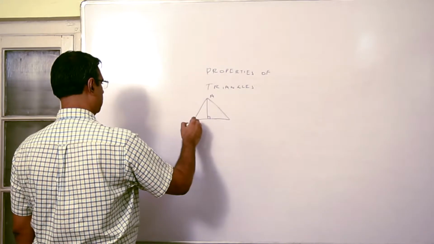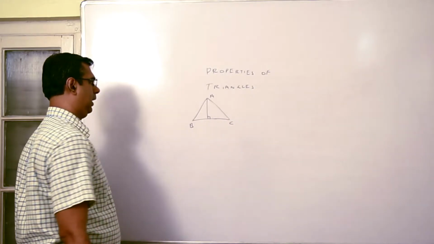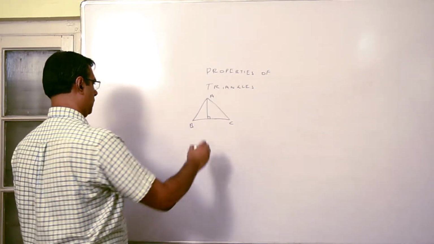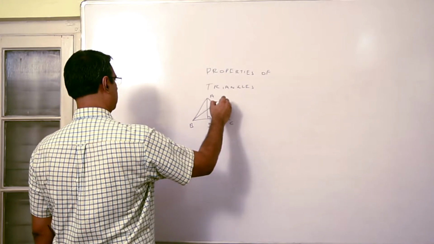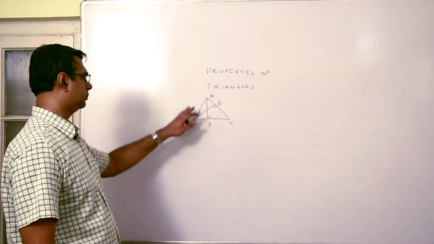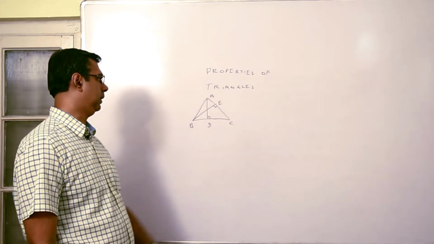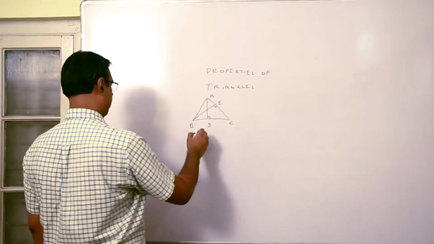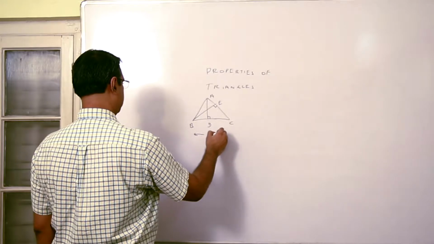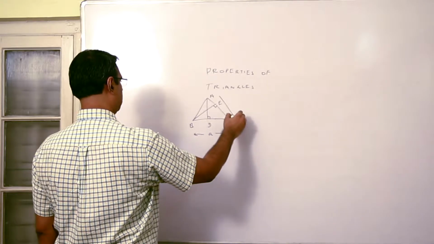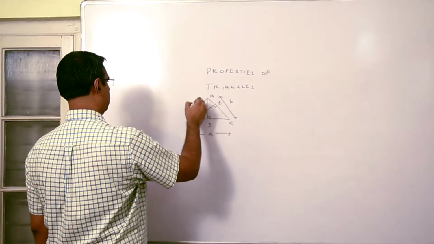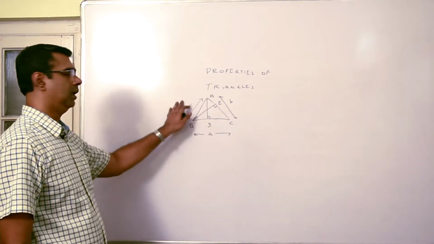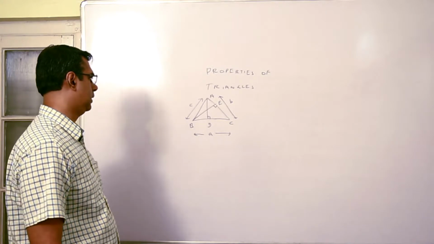Suppose you have a triangle ABC and the altitudes of this triangle are AD and BE. The side opposite angle A, we will refer to it as small a, side opposite angle B will be referred to as small b, and side opposite angle C will be referred to as small c.